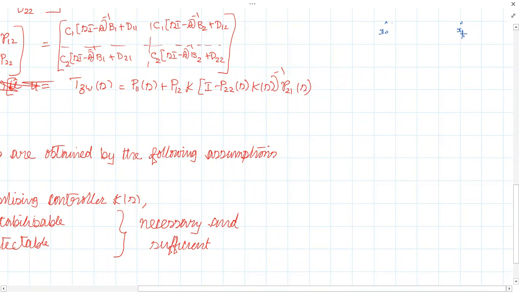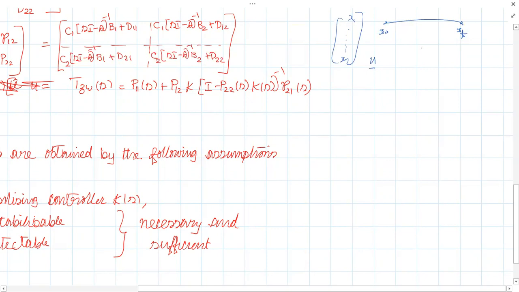The system is said to be controllable if there exists a control u so that you can move the state x naught in a finite time to the final state. This must be applicable for all states x1, x2, up to xn. If this holds for all the states, you say that the system is controllable.